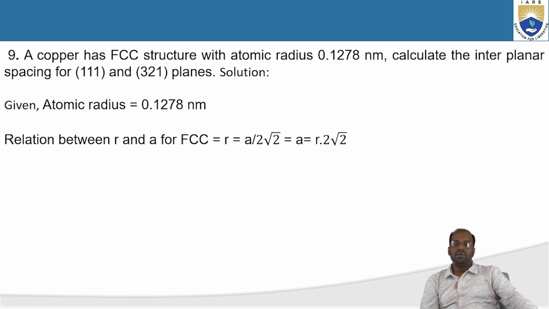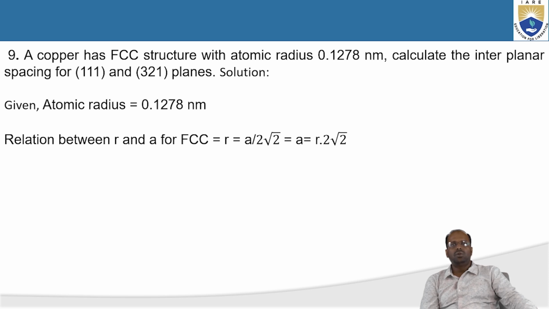Which structure they are asking? Face-centered cubic structure. For face-centered cubic structure, what is the atomic radius? r is equal to a by 2 root 2. They are asking to calculate interplanar spacing. So how can we write the relation they are given for radius? So lattice constant we can find out.